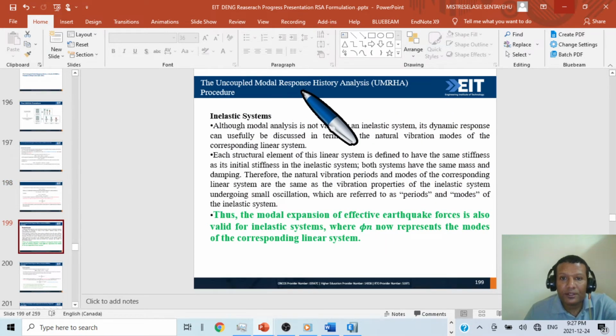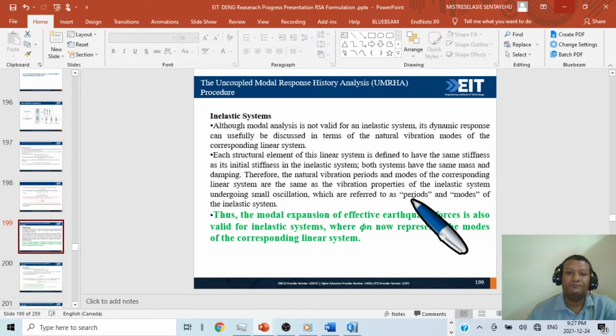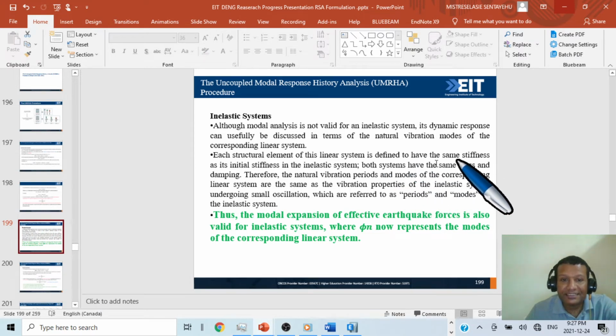The uncoupled modal response history analysis procedure, just let me go through. In an inelastic system, although modal analysis is not valid for inelastic systems, its dynamic response can usefully be discussed in terms of the natural vibration modes of the corresponding linear system. Each structural element of this linear system is defined to have the same stiffness as its initial stiffness in the inelastic system.